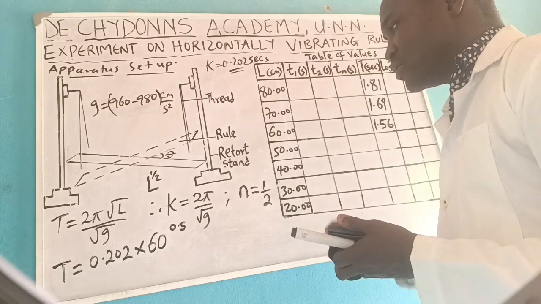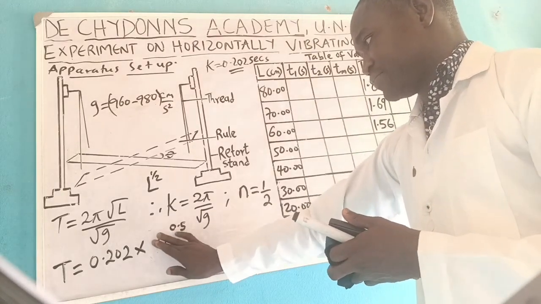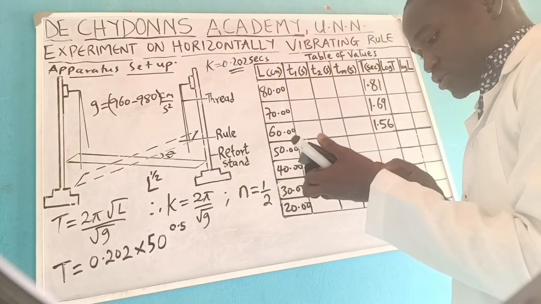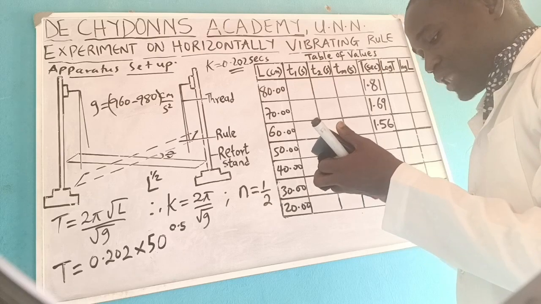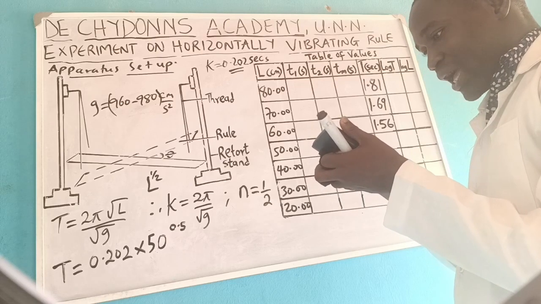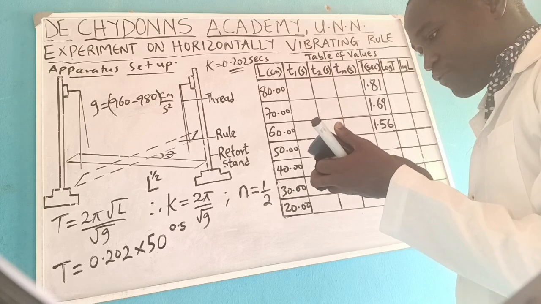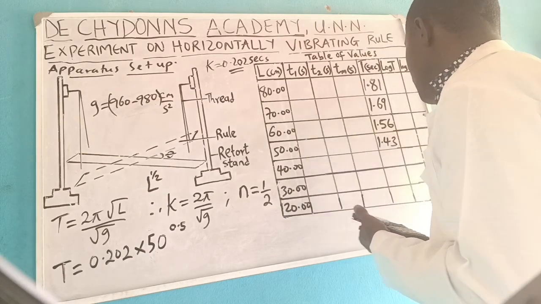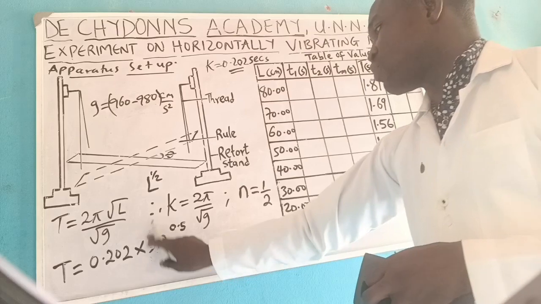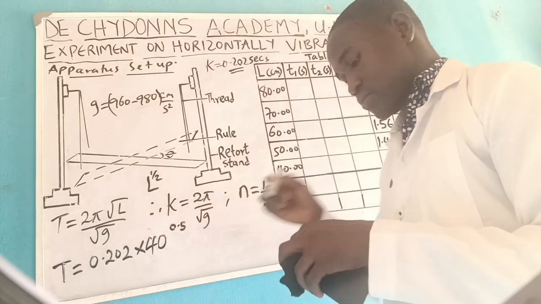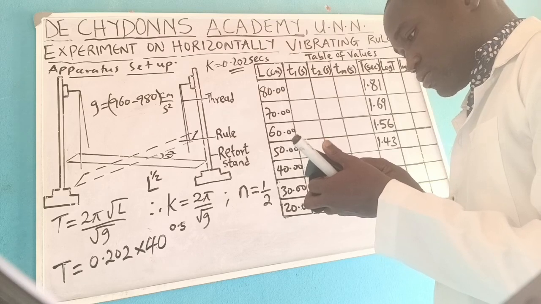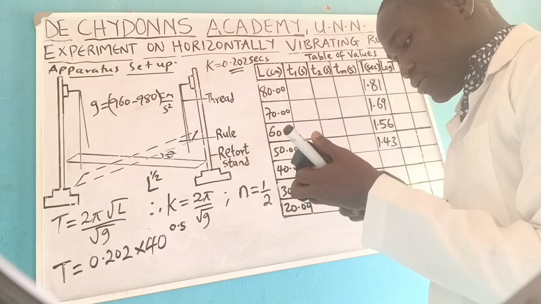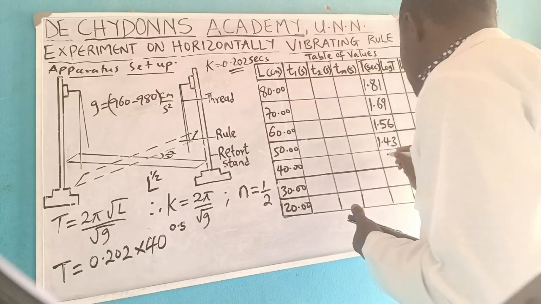We now say that we replace here with 50. Okay? We'll be having 0.202 times 50 raised to the power of 0.5. 1.43. Then replace here with 40. So if you replace it with 40, you have 1.28.